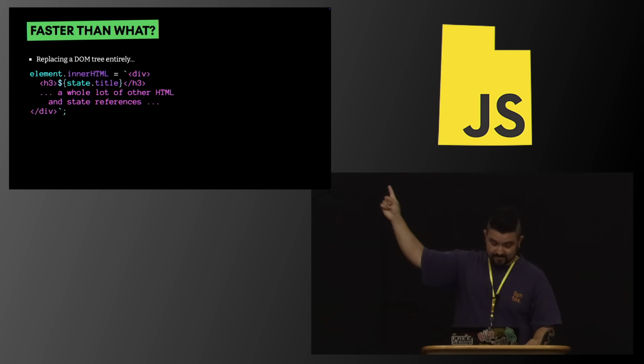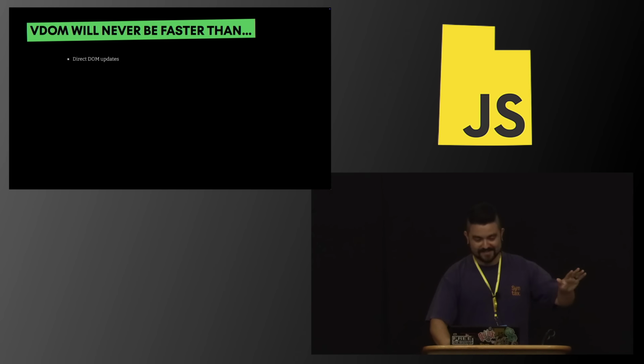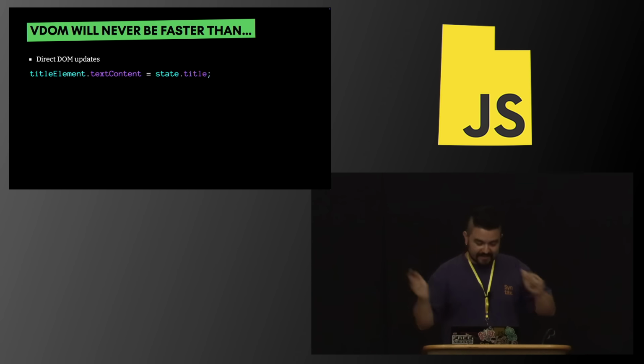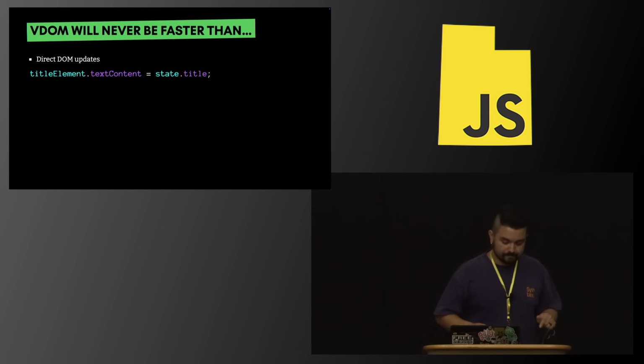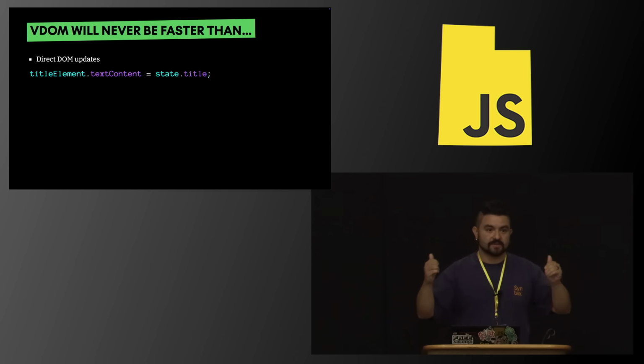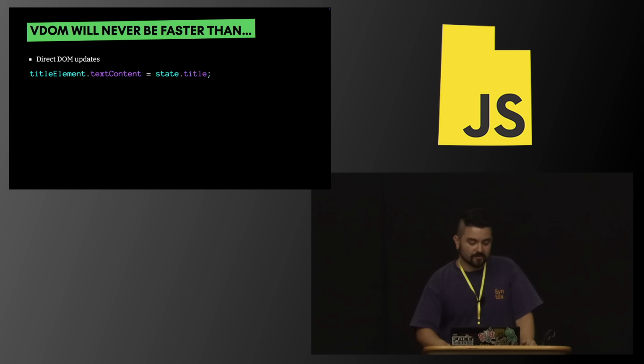So the virtual DOM is faster than this, definitely, but it's not faster and will never be faster than just direct DOM updates, right? So writing code that directly sets text content on an element or directly sets an attribute, that code is as fast as you can get. It's the lowest level of abstraction we have when building out user interfaces for a web browser.